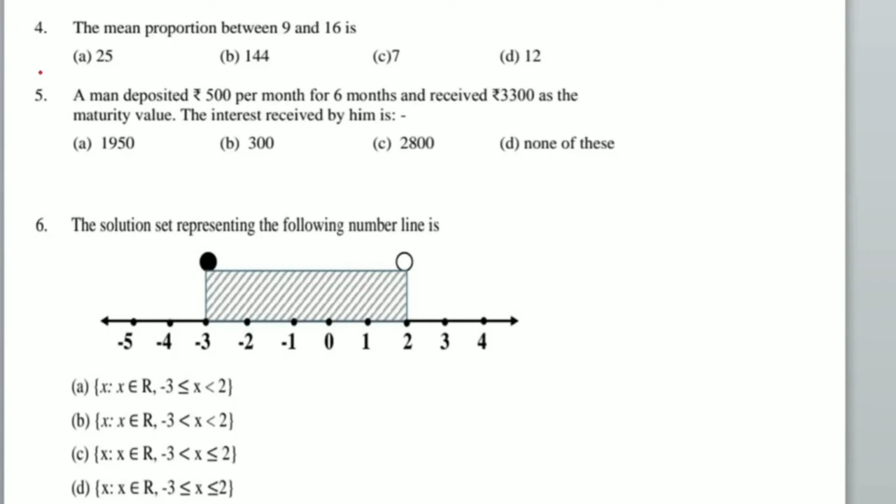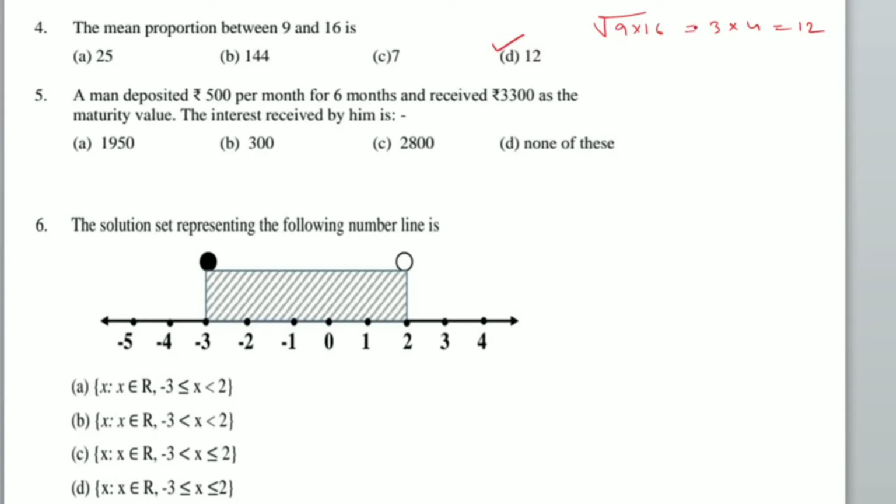Now in question number 4, the mean proportion between 9 and 16 is what? In the short method, it will be the root over the product of 9 and 16, and it will be 3 cross 4, that is 12. So this is the answer. For the MCQ, you will do it this way.